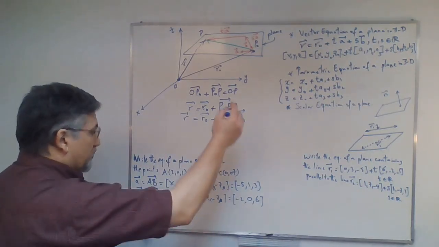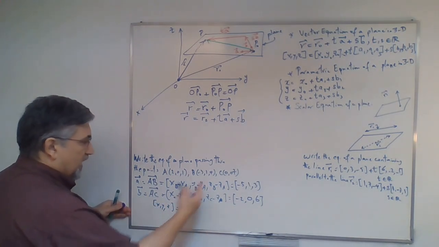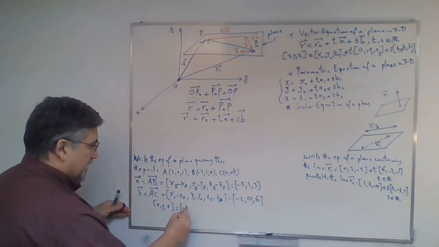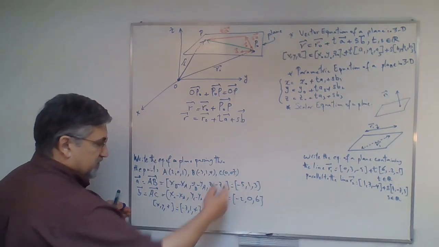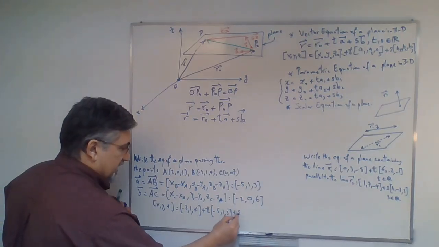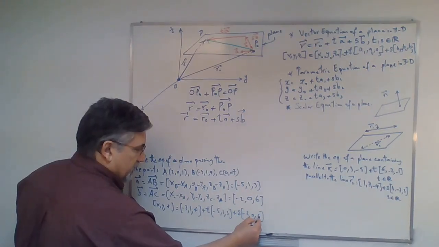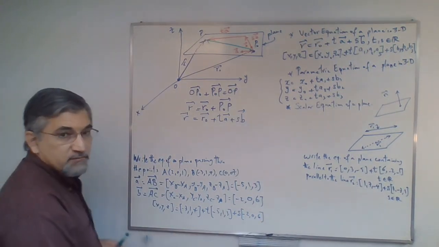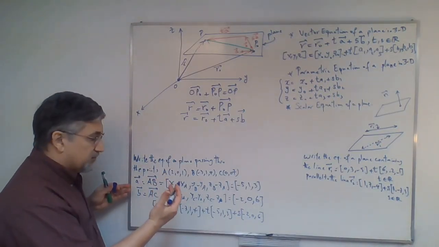So I'm going to write the equation as x, y, z equals, I will select point B, -3, 1, and 4, that with the coordinates, plus t times the first direction vector, -5, 1, 3, plus s times the second direction vector of the plane, and this becomes the vector equation of this plane.